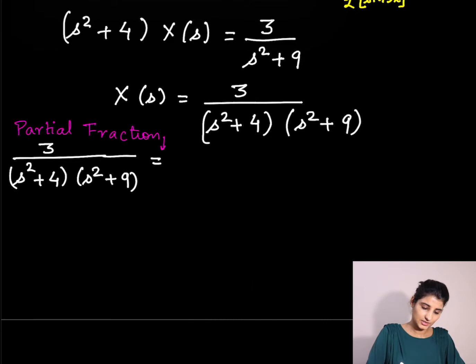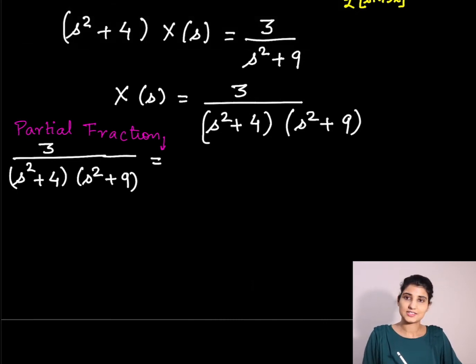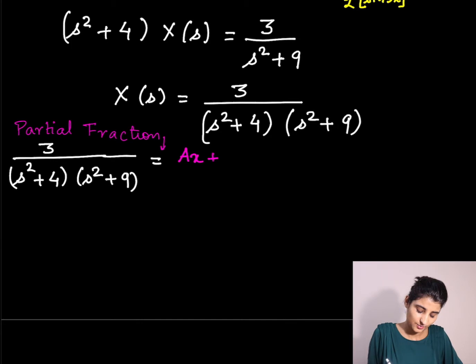Okay, so our denominator is a multiplication of two quadratic terms. For the first quadratic term, s square plus 4, we will write as plus b divided by s square plus 4.